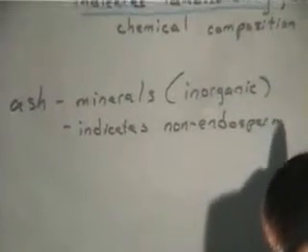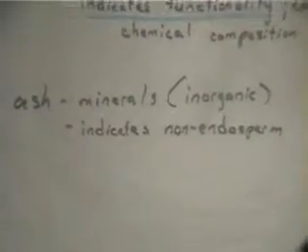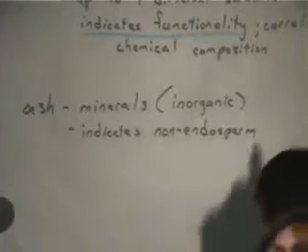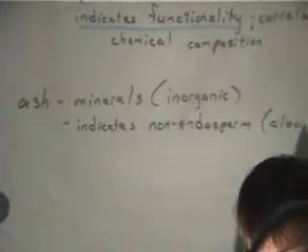What part of the kernel has the most mineral content? The aleurone, which right now we remove with the bran, so we use it to indicate how much bran, non-endosperm material we have in there, because the endosperm has very low mineral content.